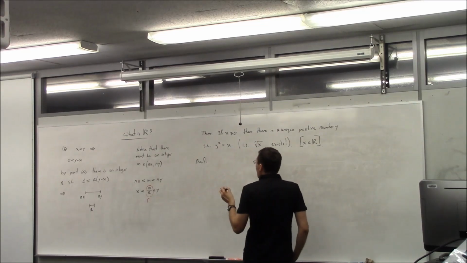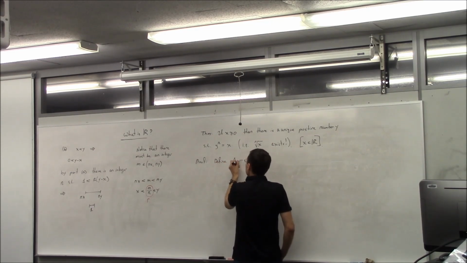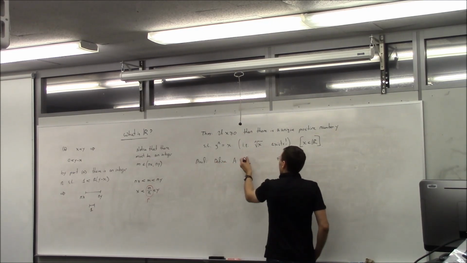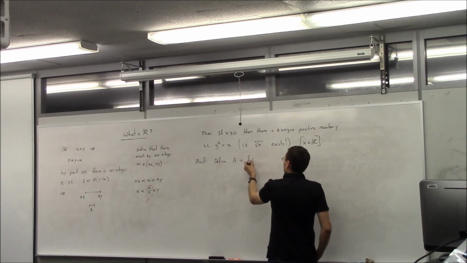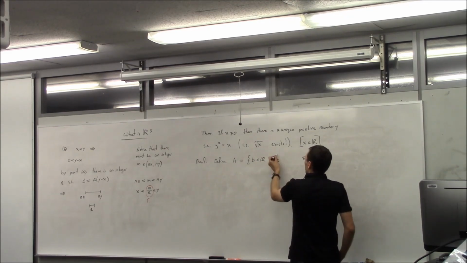So the first thing we're going to do is define A to be the set of all numbers t in R such that t to the power of n is less than or equal to x.